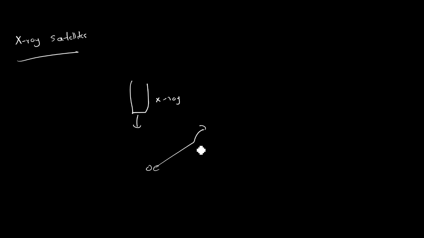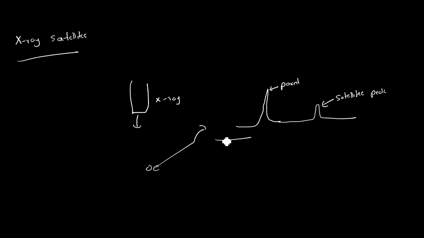In that scenario, you will see a parent peak, and you will see a low energy value. This is called the satellite peak. Let's remember, the satellite peak comes in the low binding energy region compared to the parent one. So the parent peak has higher binding energy compared to the satellite peak.